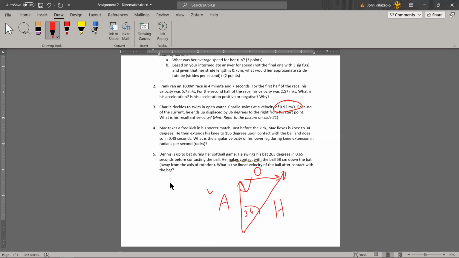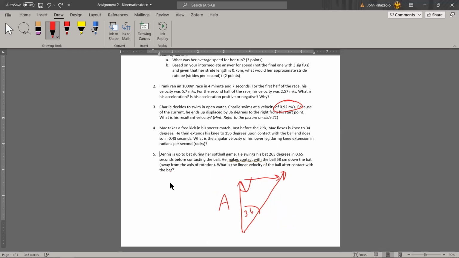So you've got the adjacent side, you've got theta. You don't have the opposite side, and you need to figure out the hypotenuse. So this is where you're going to go to your trigonometry rules. So you have to ask yourself, am I going to use sine, cosine, or tangent here?